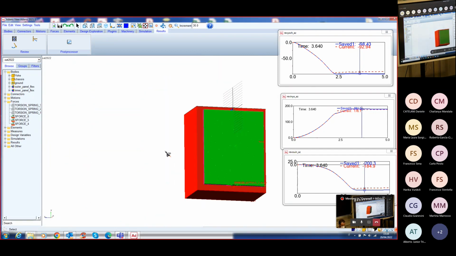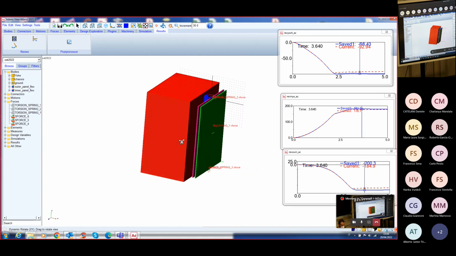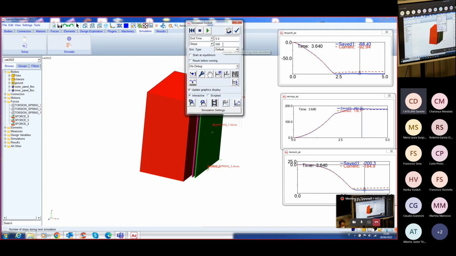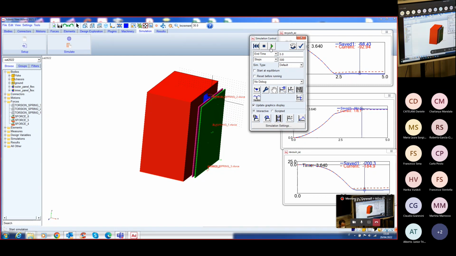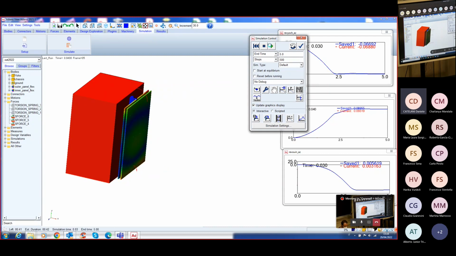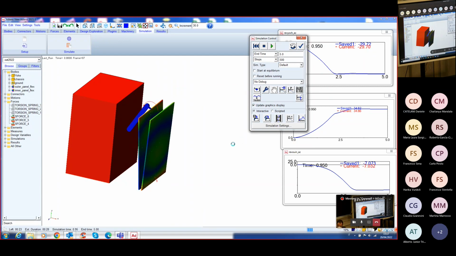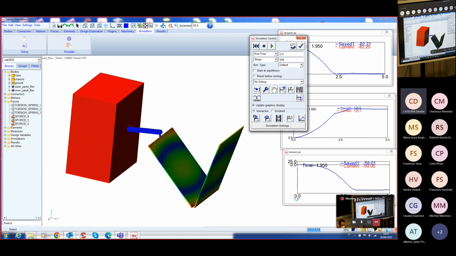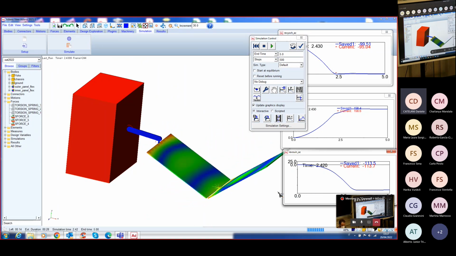Okay, now if we run a simulation using the flexible body model, simulation, analysis, 5 seconds, 500 steps, we will appreciate during the analysis and after the analysis that we have deformation and stresses evaluated in correspondence to every node of the system.